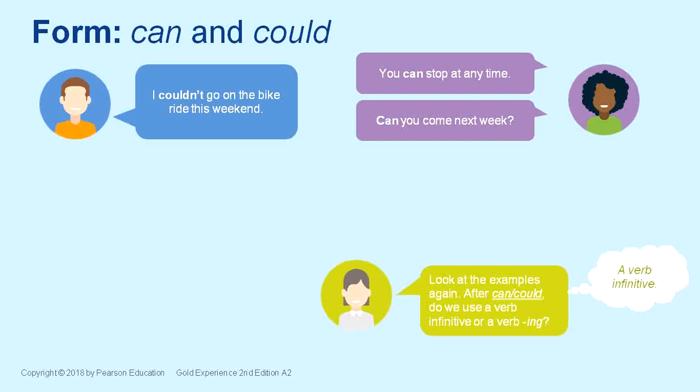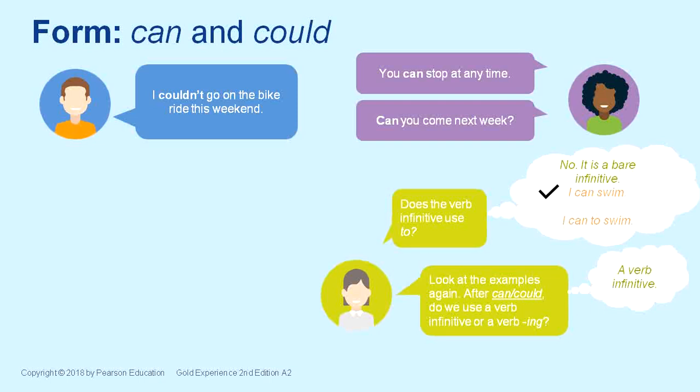We use a verb infinitive. Does the verb infinitive use to? No, it's a bare infinitive. I can swim is correct. I can't to swim is incorrect.